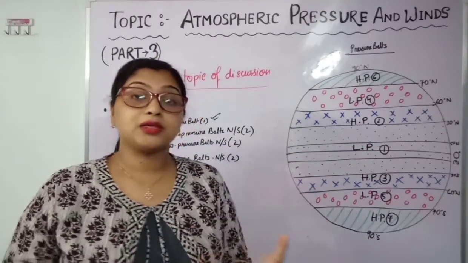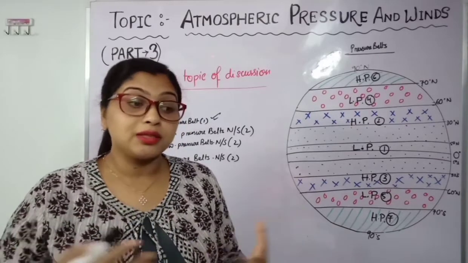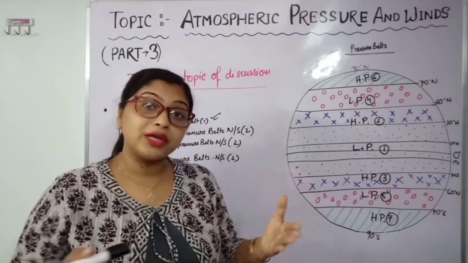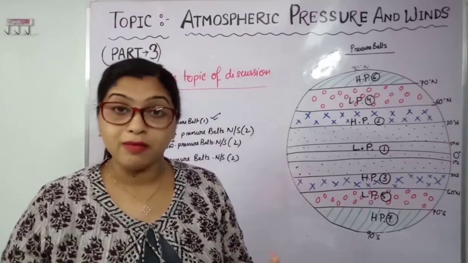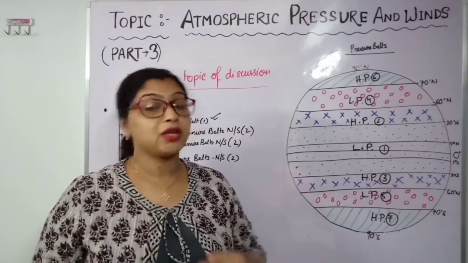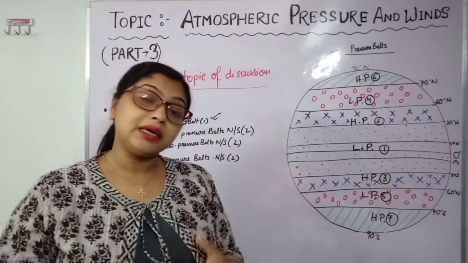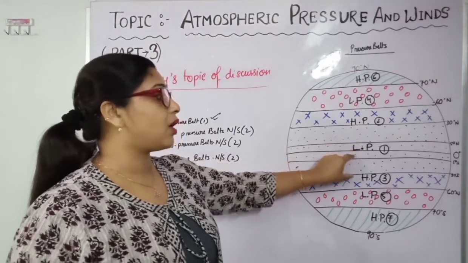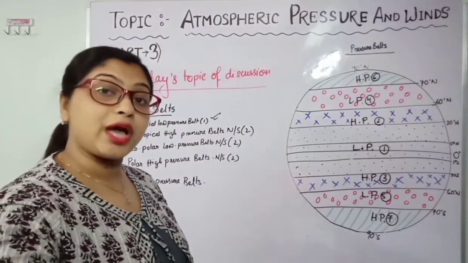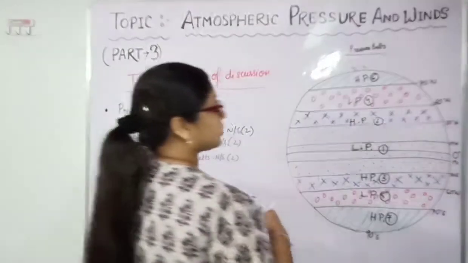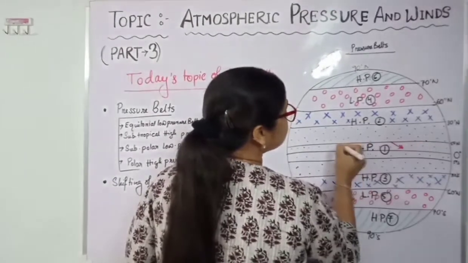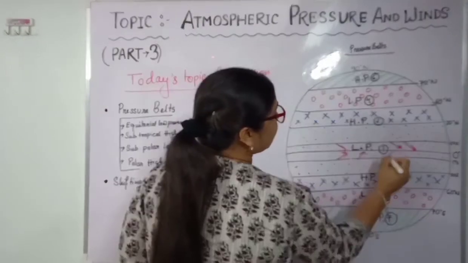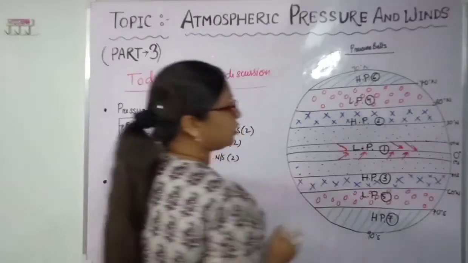When the areas become hotter, through the convectional process, the surrounding air becomes warm and light, and it rises up. And one more thing: within this 5 degrees north and south, the northeast trade wind from the northern hemisphere and the southeast trade wind from the southern hemisphere converge.